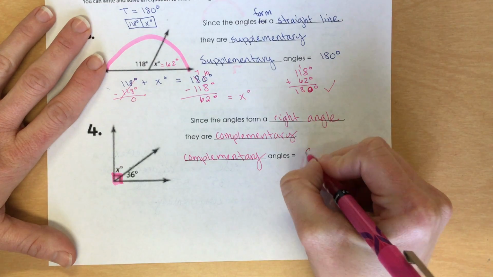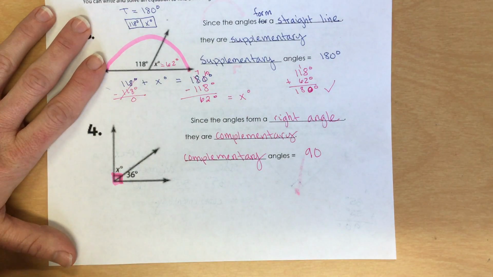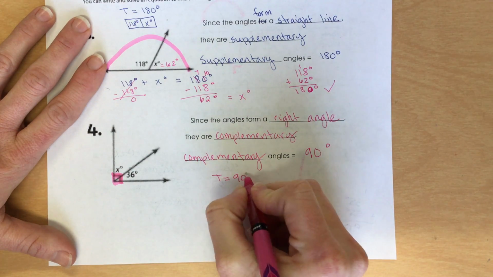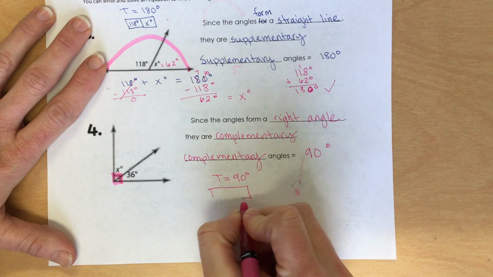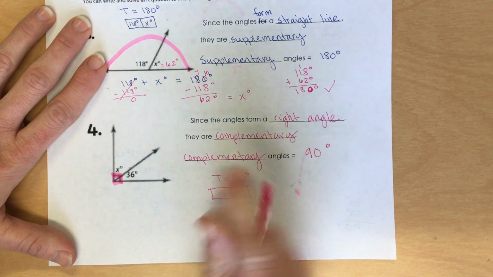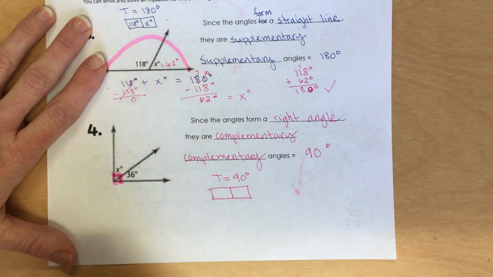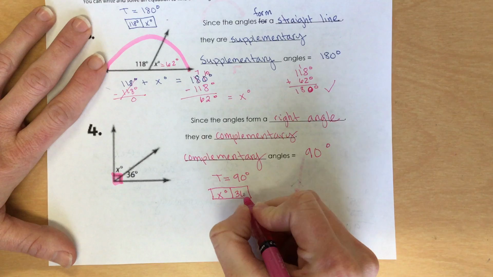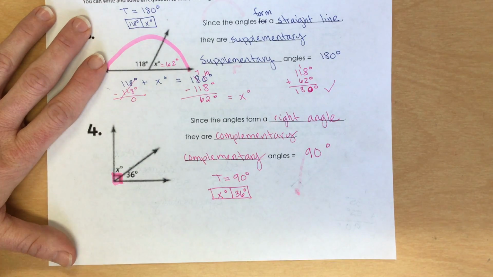Well, we know that they are equal to 90 degrees. The sum of those two angles is 90 degrees. So our total is 90. They split our 90 in half. One angle is x, the other is 36 degrees.